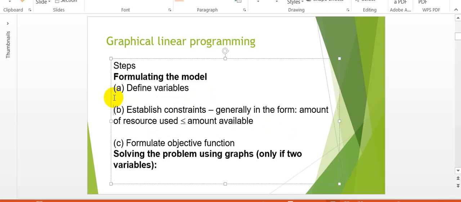After we've established the constraints, then we formulate the objective function, which is solving the problems using the graph only if there are two variables.